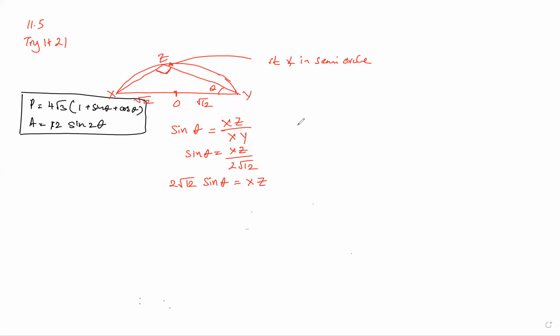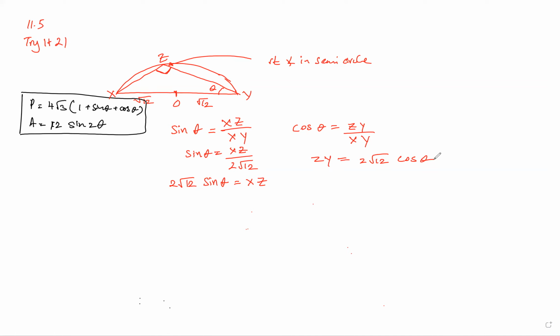So you have cosine theta is equal to A, which is your ZY over XY. So again, you would have something like that because it's the same as the other one. So I can quickly write it down like this. Yeah, you're okay with this?